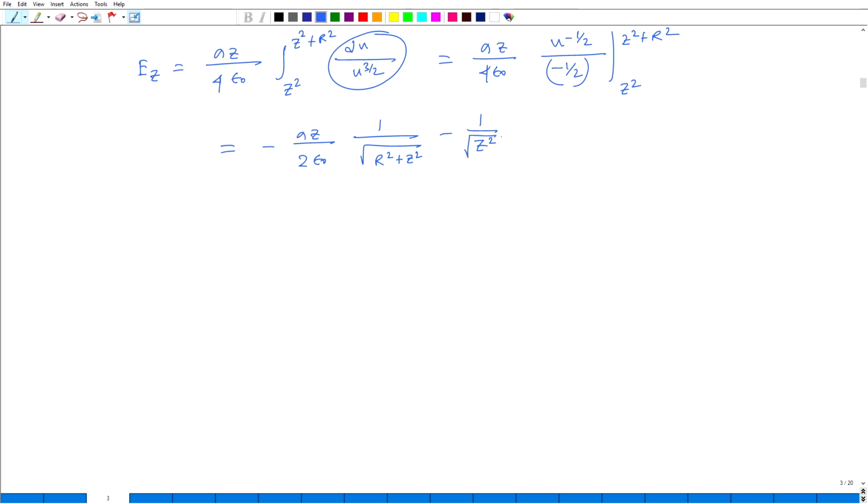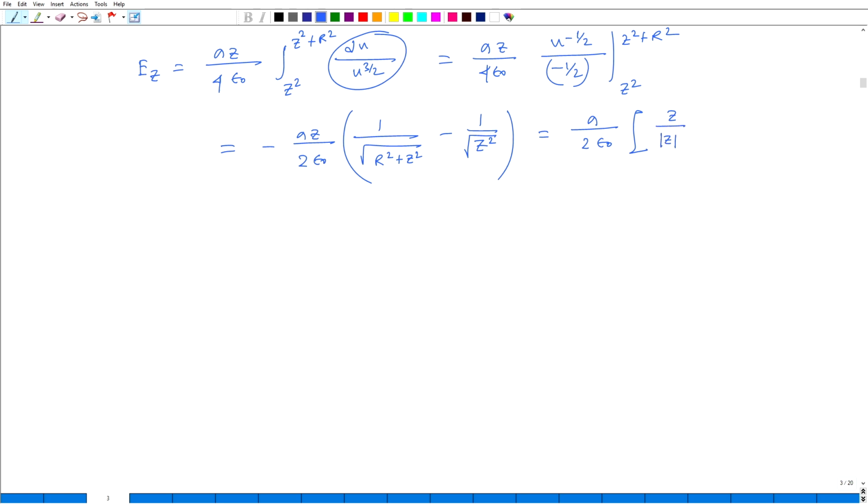z square, right. So, now the interesting thing is sigma over 2 epsilon naught, multiplied with the minus sign. So, this one comes first: 1 over, sorry, z over mod z. So, this mod is important, okay.